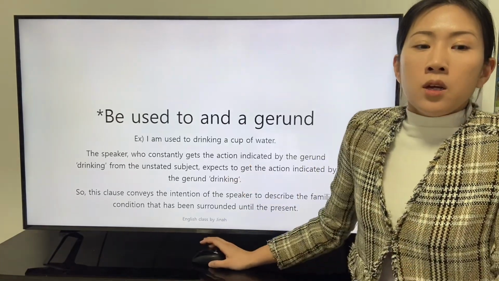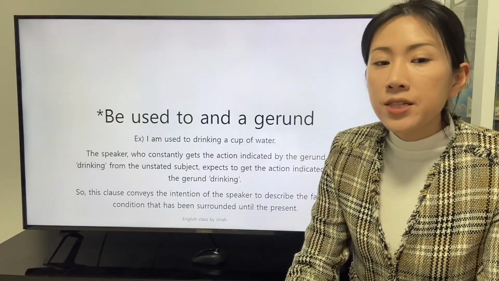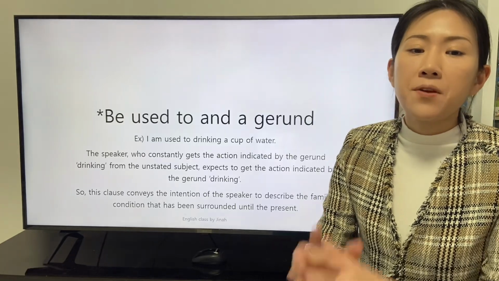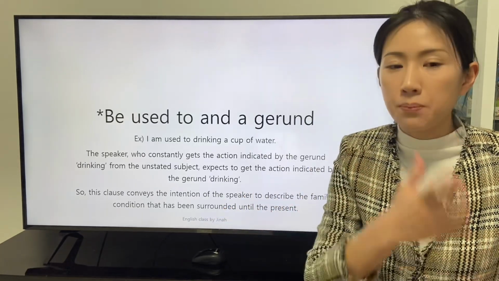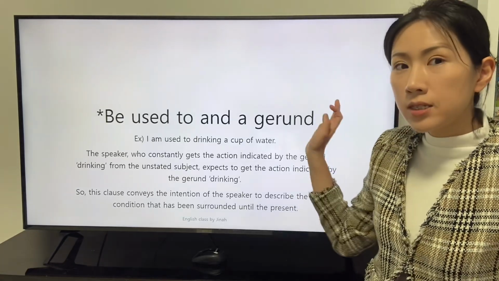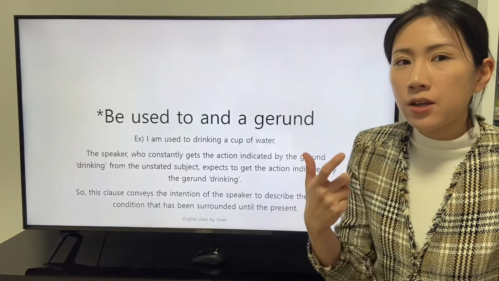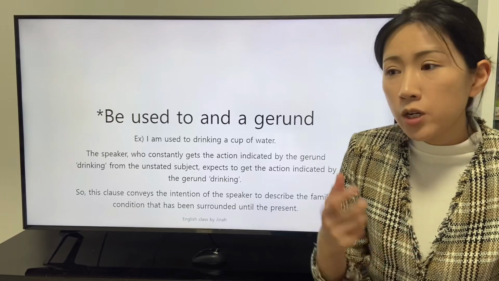So this clause conveys the intention of the speaker to describe the familiar condition that has surrounded the speaker until the present.